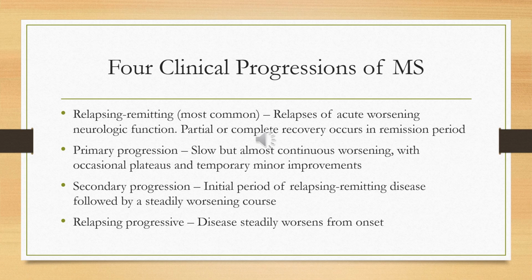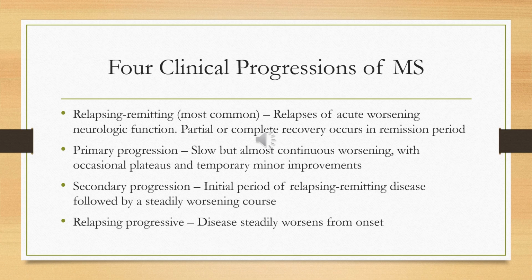So you have four clinical progressions for multiple sclerosis. You have your relapsing remitting progression, which is your most common. So you go back and forth between remission and exacerbation. When you're in the remission stage, you can have partial or complete recovery. So like I said, these people can go on and live active, productive lives when they're in their remission period.